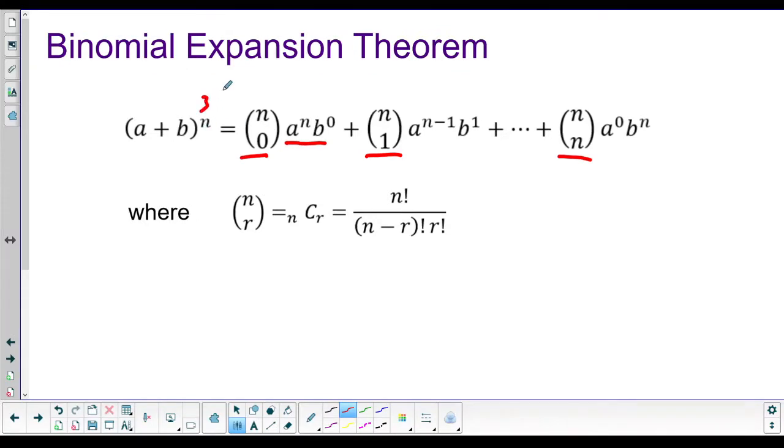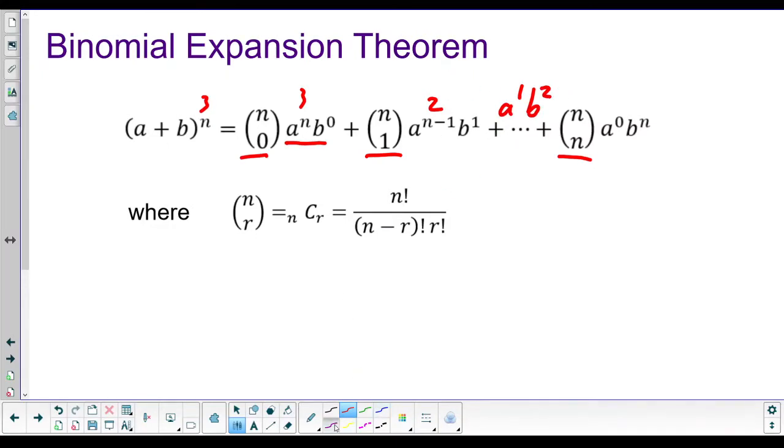A nice number, big enough to be interesting, but small enough so that it doesn't hurt. Be good, you guys. So if this is a to the power of 3, b to the power of 0. Okay, cool. What's the next one? A to the n minus 1. So 3 minus 1 would be 2. B went up 1. So they added 1 there and they took 1 away here. This pattern will continue. The next one will be A to the 1, B to the 2.